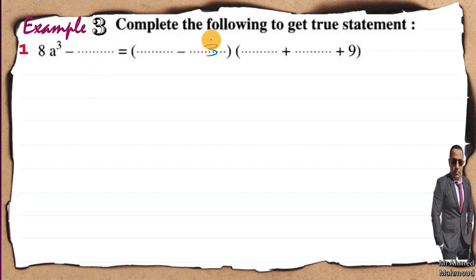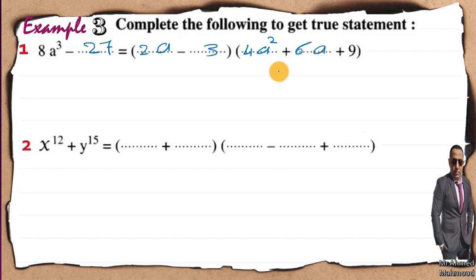And this number equals 3 power of 3, which equals 27. After that I'm going to complete the bracket as usual. Here the cubic root of 8a power of 3 equals 2a. 2a all power of 2 equals 4a power of 2, and 2a times 3 equals 6a.